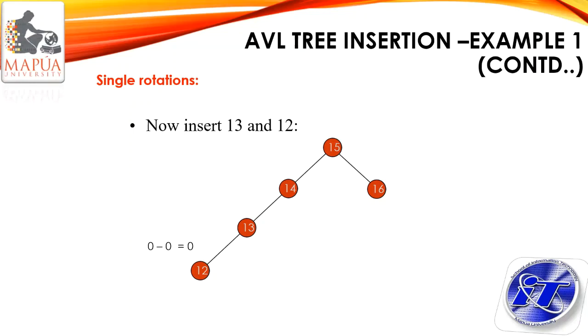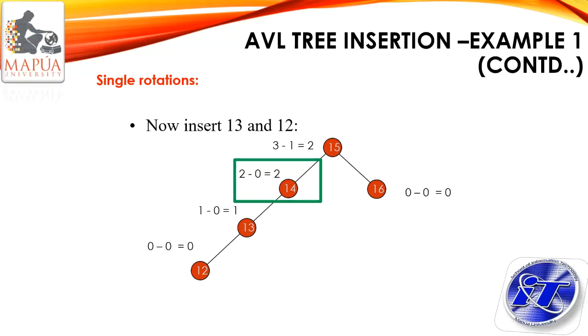For 13, 1 minus 0 is 1. For 14, 2 minus 0 is 2. So we have a problem with node 14. For node 15, 3 minus 1, 2. So we also have a problem with node 15. And 16, 0. So let's start solving node 14 first before 15.